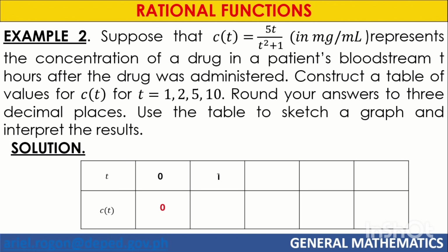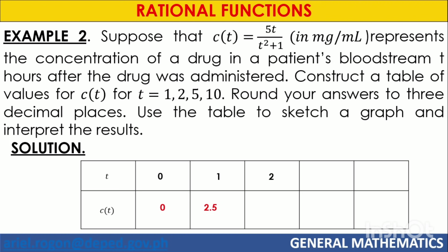If your t is 1, or the time is 1 hour, represented by t, that is hours after the drug was administered, yung C of t natin ay 2.5 milligram per milliliter, no? This is the concentration of a drug in a patient's bloodstream.